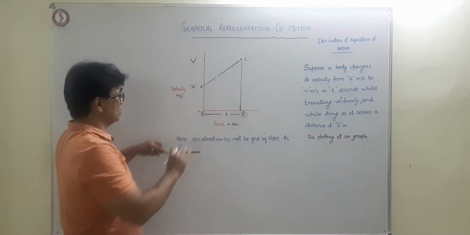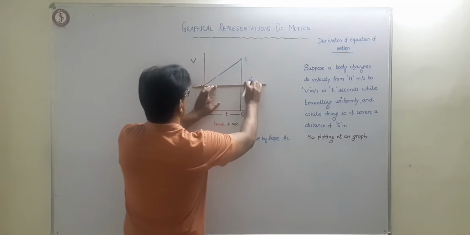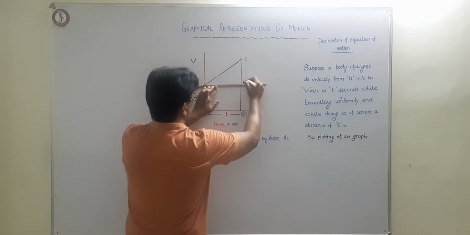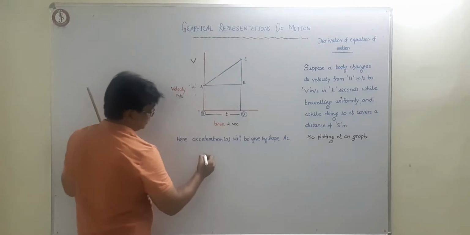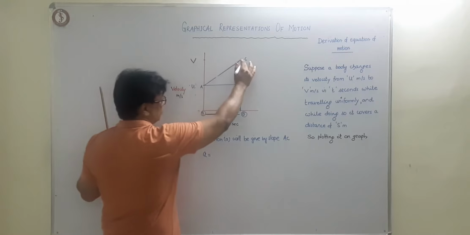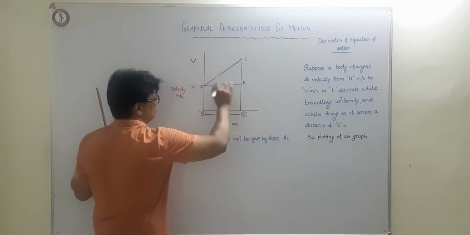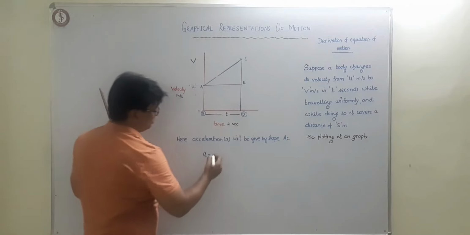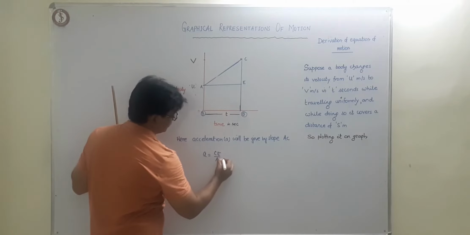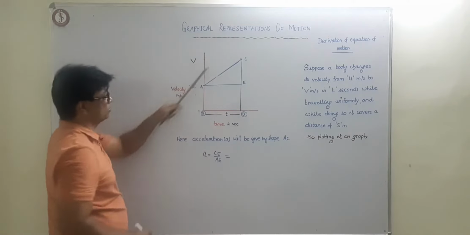Slope AC, so I have to draw a line from here. Acceleration A will be equal to slope AC, meaning perpendicular over base, so it will be CE by AE.